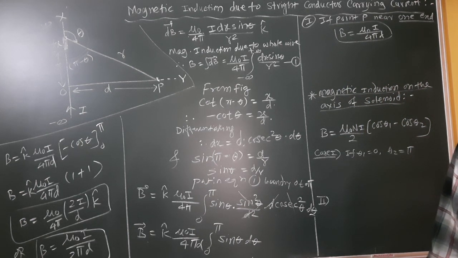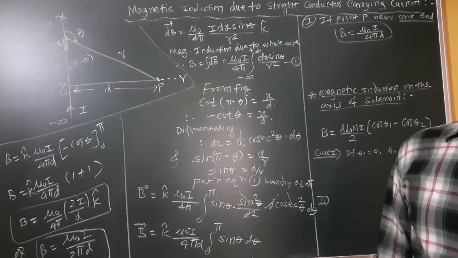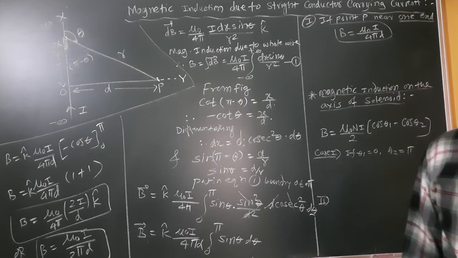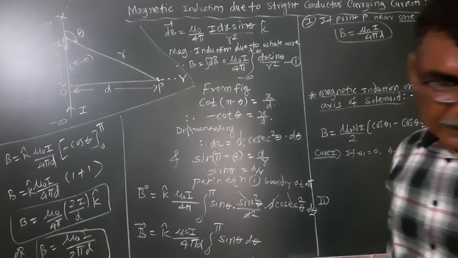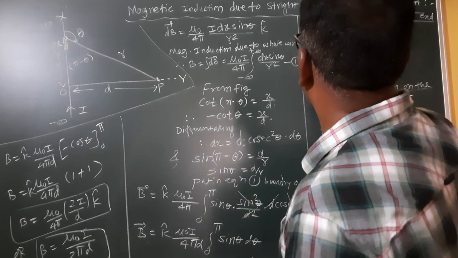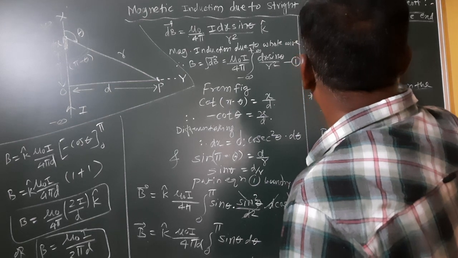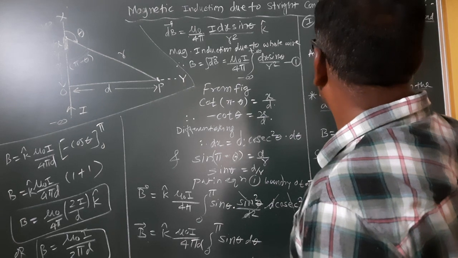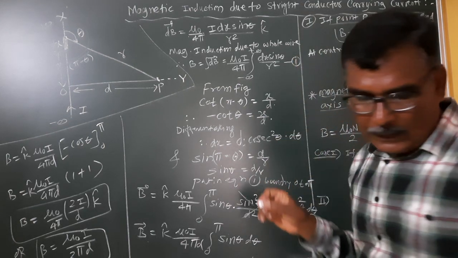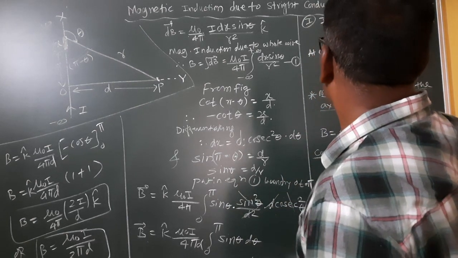Magnetic induction on the axis of a current carrying circular loop, at the center of the circular coil. One more formula, at the center of the circular coil: we have studied in the 11th standard, 12th standard, that B is equal to mu 0 N I upon 2a.